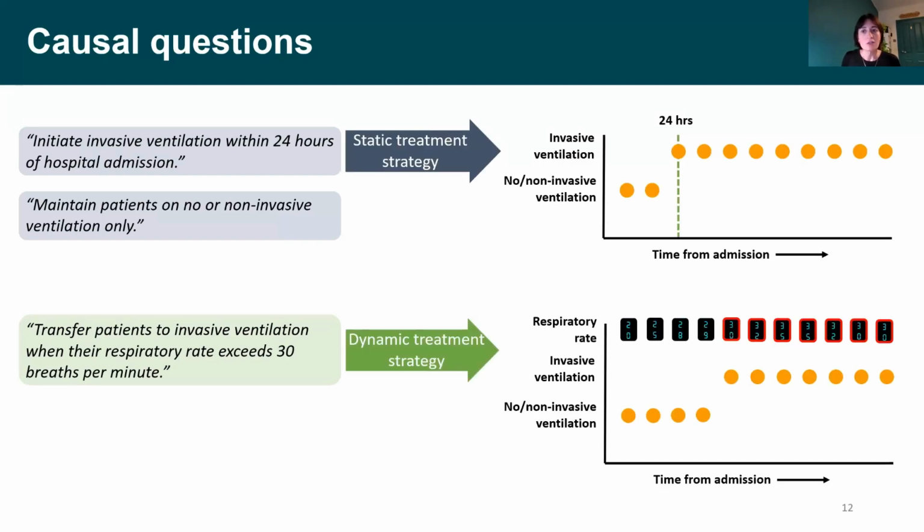And the first two strategies here are examples of static treatment strategies where patients receive the same pre-specified intervention. And the last is an example of a dynamic treatment strategy in which there are rules that adapt the treatment to the current status of the patient. So in this talk, I'll describe the methods in the context of static treatment strategies, but they can also be extended to dynamic treatment strategies.